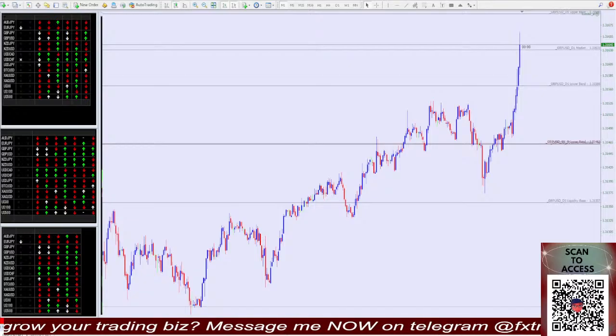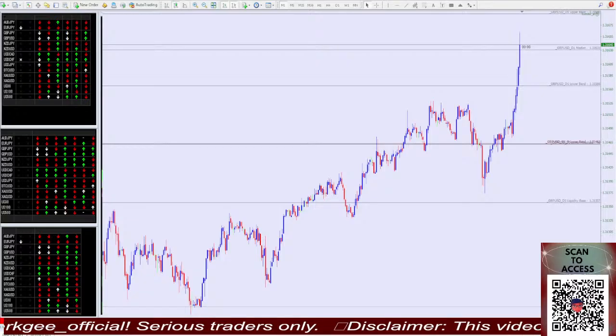Now, looking at GBP USD from the 4-hour time frame, you see that it's just picking up its rise from the fall, this actual fall from here down to here.